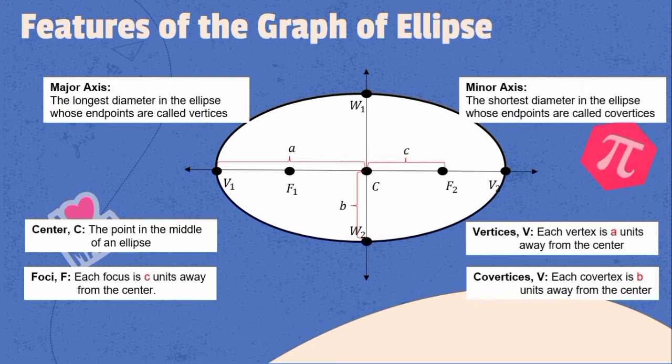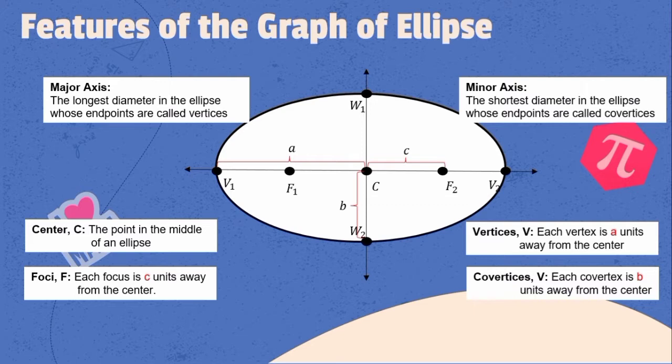Let's start with the major axis. It is the longest diameter in the ellipse whose endpoints are called vertices. Considering our ellipse here, our major axis is this diameter, while our minor axis is the shortest diameter in the ellipse whose endpoints are called co-vertices.